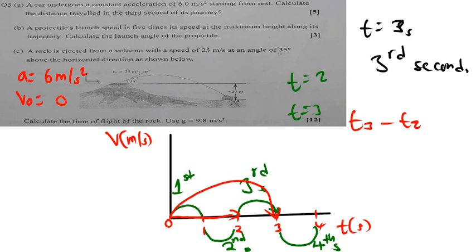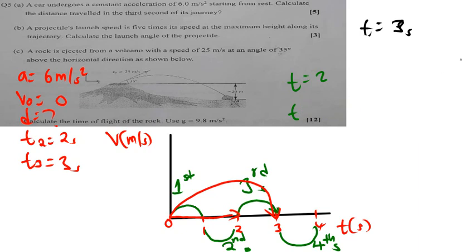We are not interested in the final velocity, but we want to find the distance, which we don't know. We have the first time, which I'm going to call t2, which is 2 seconds. Again, t3, which is 3 seconds. Using this data, the only formula which doesn't have the final velocity is the second one.